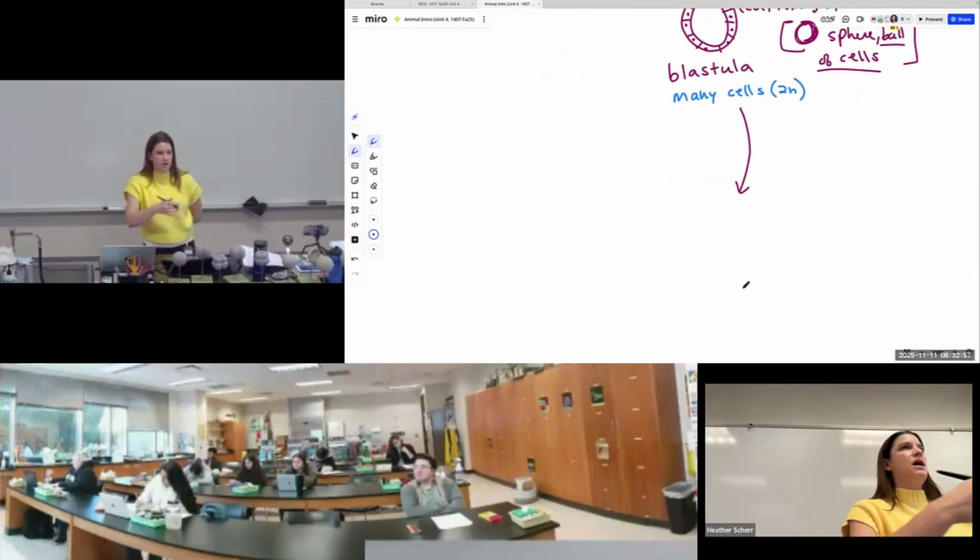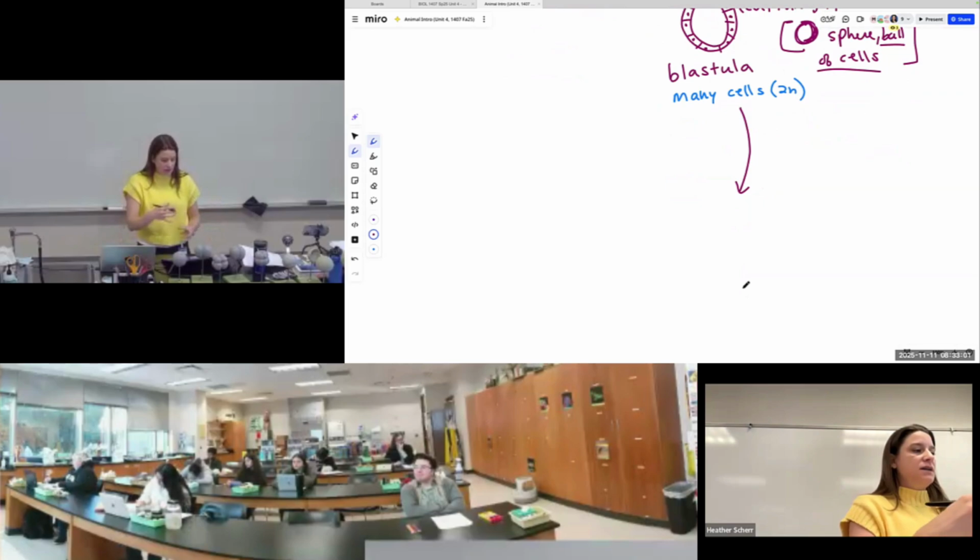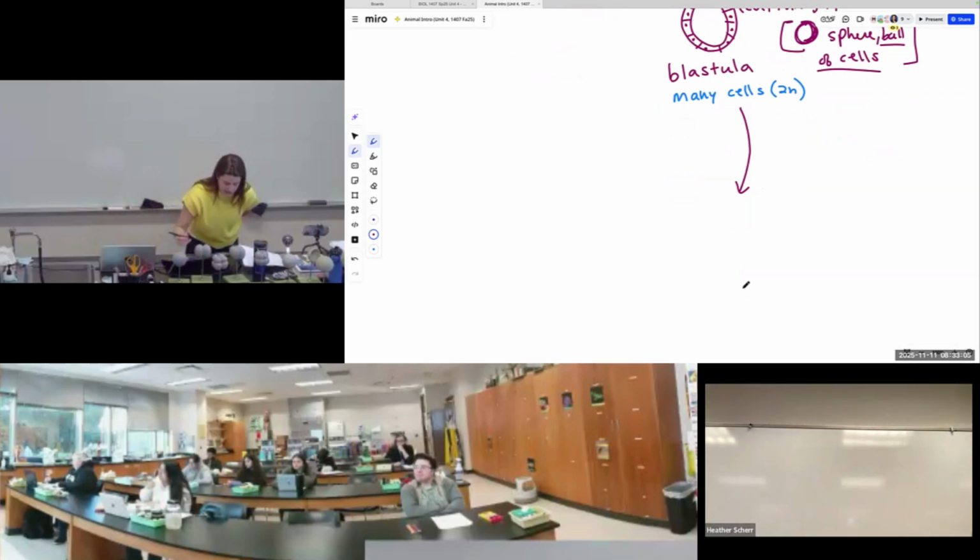Now you need to take that ball and start making it have certain shapes, right? Because in an organism, those shapes are eventually going to turn into the organs. So this is when we get to the gastrula stage. I'm going to draw it like this because it's folding inward. This is a cut through again.